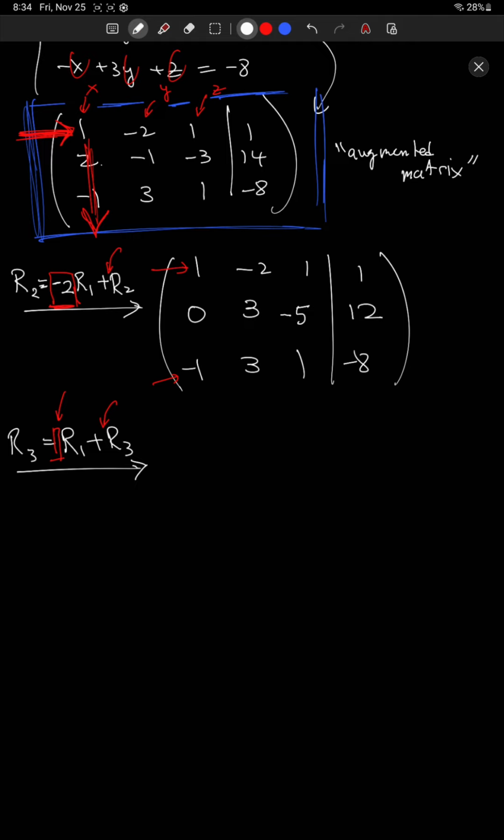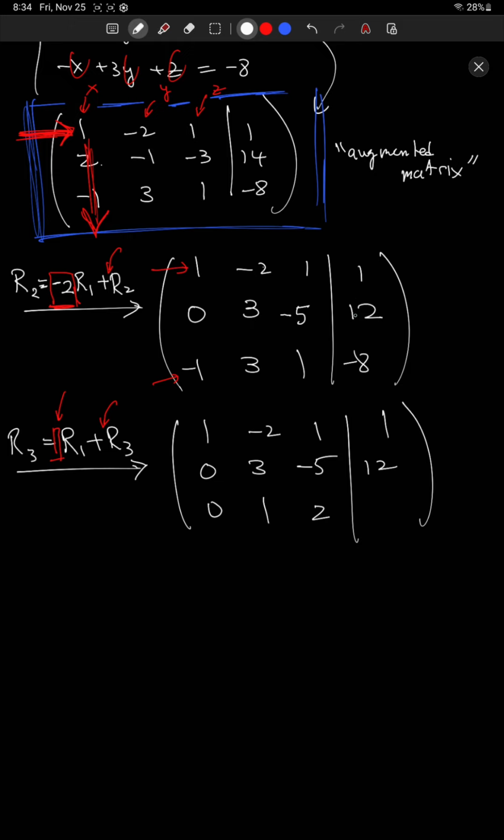So what we end up with is 1, minus 2, 1, 1. This one doesn't change. This one doesn't change. And then row 3 changes: row 1 plus row 3. So that's a 0. Minus 2 plus 3 is a 1. 1 plus 1 is a 2. 1 minus 8 is a minus 7.